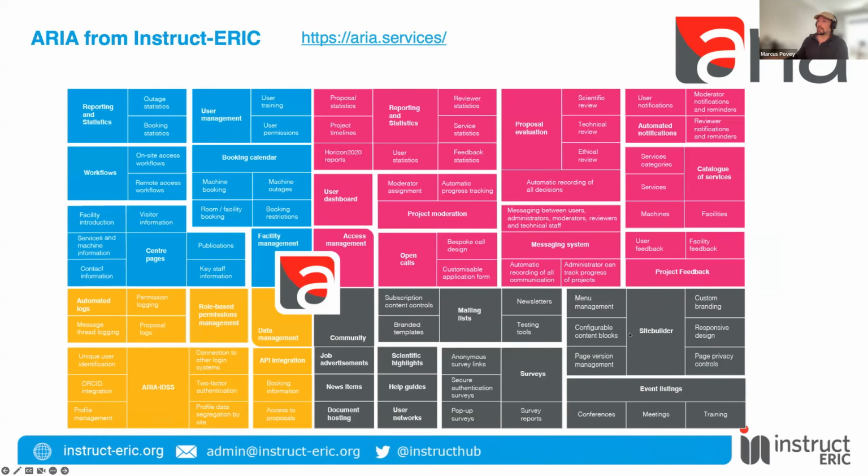But the idea here is it gives you some idea of just how large the scope of ARIA actually is, and you probably are only using 1 or 2 bits. If you're managing your facility internally, you're probably only using this little section here. If you're just managing access, you're probably just using this little section here.